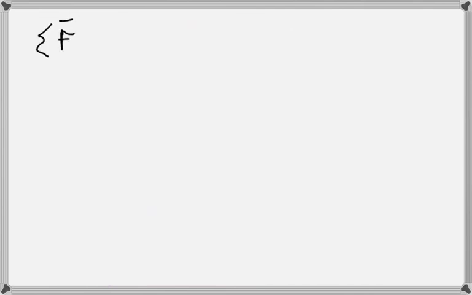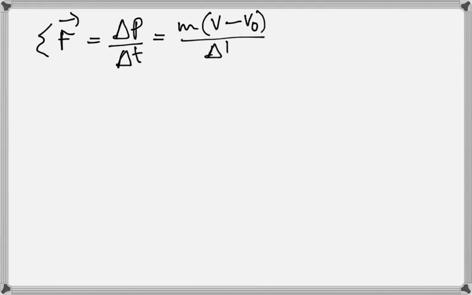Let's go back and see what we had written. Net force is equal to what? Change in momentum by time. But you know what change in momentum is? Mass never changes, so you're going to get mass times change in velocity, isn't it? It's the velocity that changes. So you get mass times v minus v naught divided by delta t.